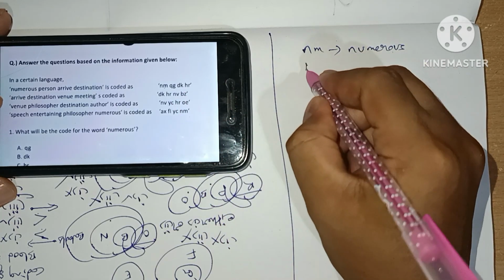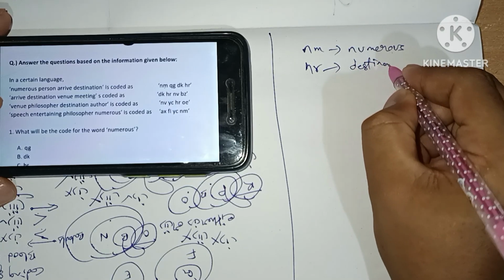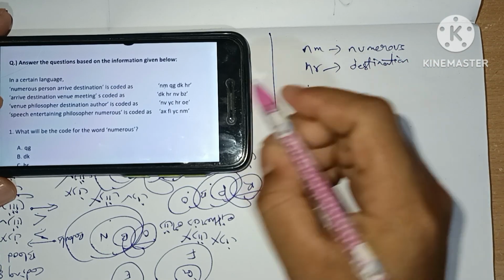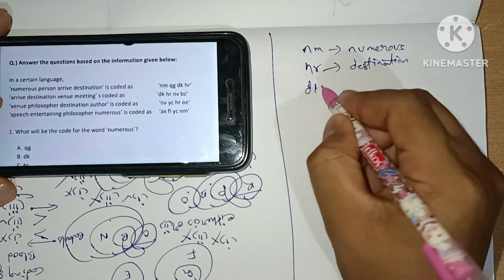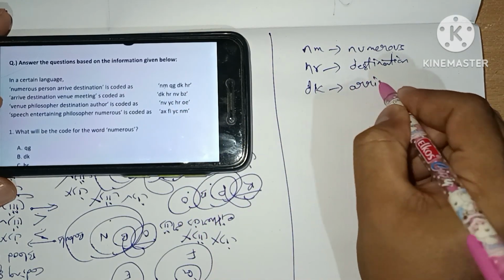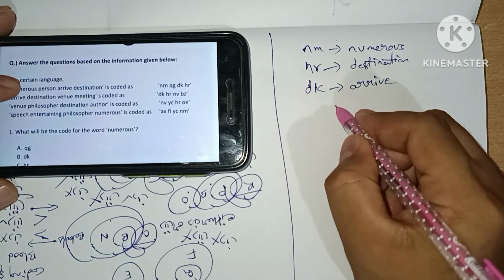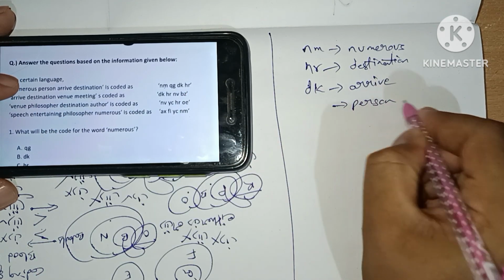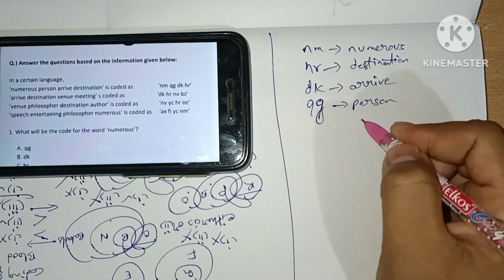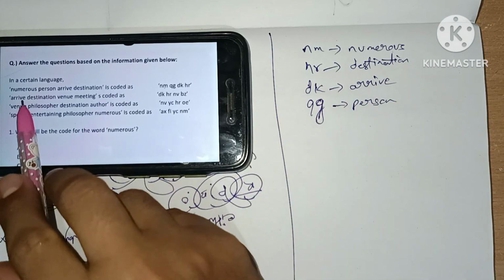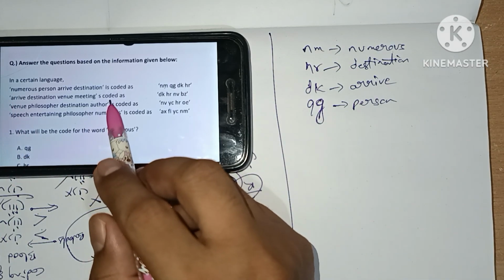So hr is nothing but destination, and we see dk is common in first and second one, which is nothing but the arrival. The only one left is person. Person is nothing but qg. So these are the codes for the first line of statements.